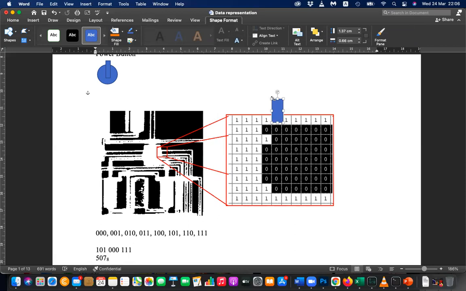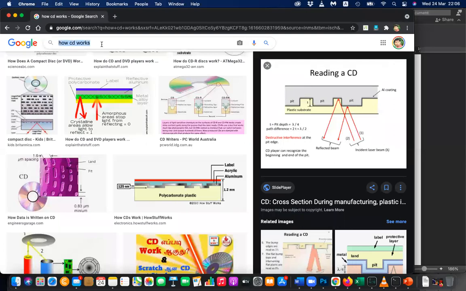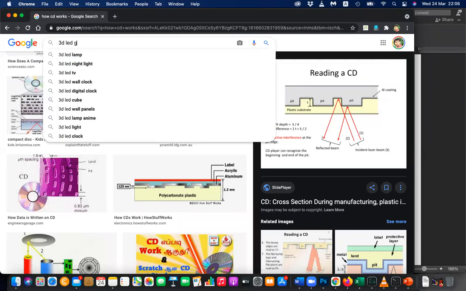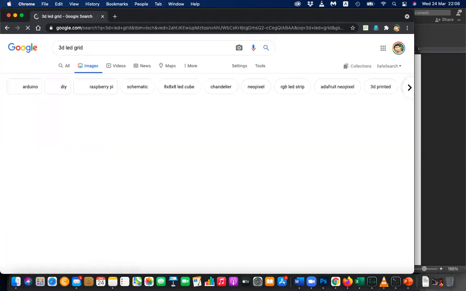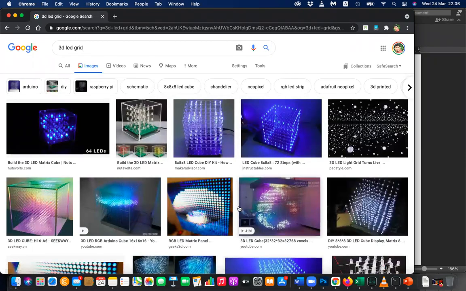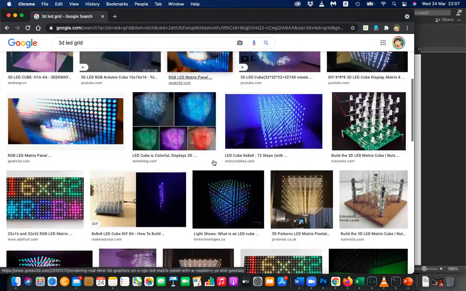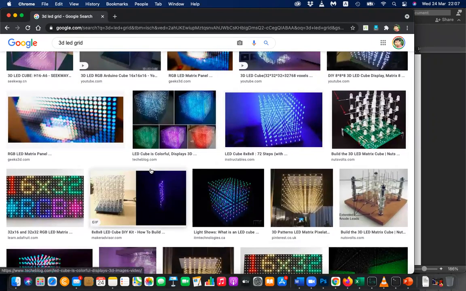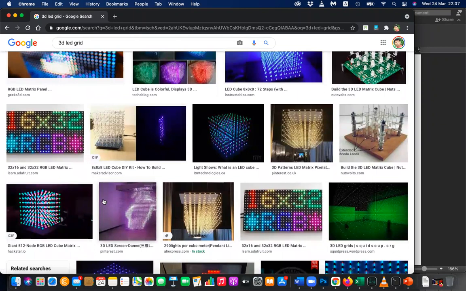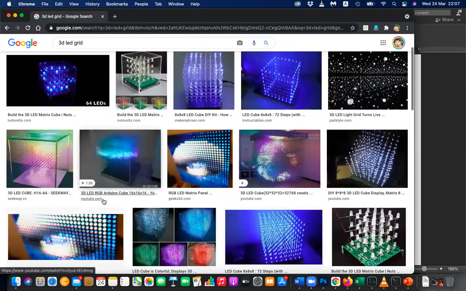Have you seen 3D LED grids? In a 3D LED grid, the third dimension means it's coming toward us. A 2D LED can represent only so much, but a 3D LED system can represent many more.